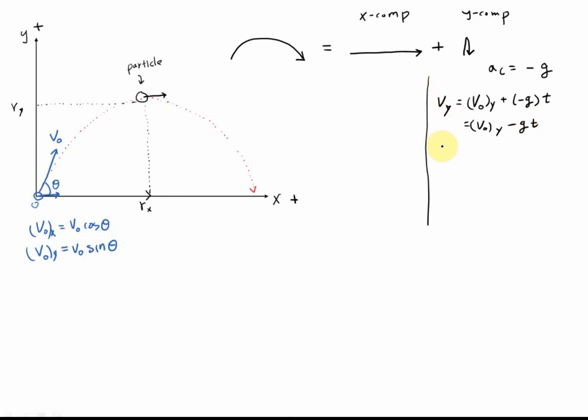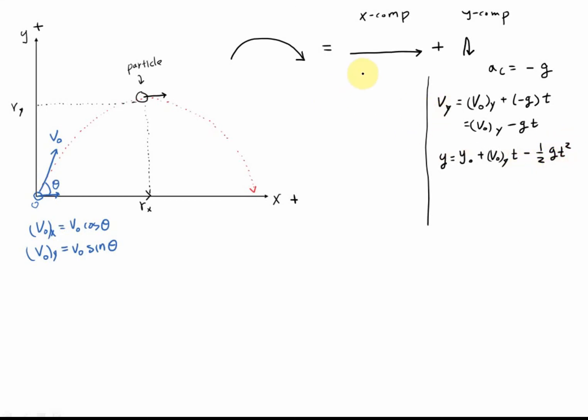How about the position of y? My y is equal to my initial position of y, plus the y directional initial velocity times t, minus 1 over 2 g t squared.